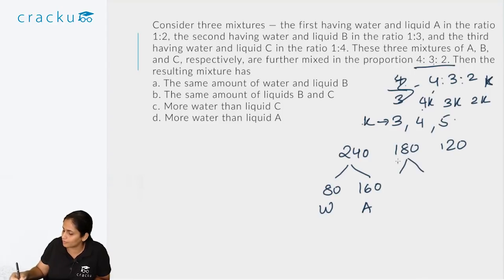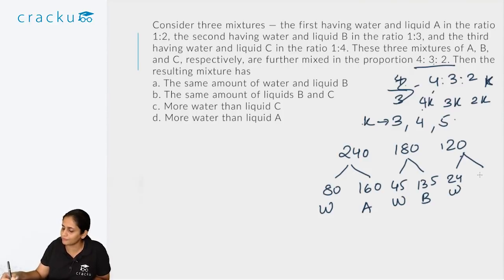So this is 1/4 of 180, which is 45 units of water, and 135 is liquid B. And in the third mixture, we have water and liquid C in the ratio 1:4. So 1/5 is 24 units of water, and 4/5, that is 96, is liquid C.